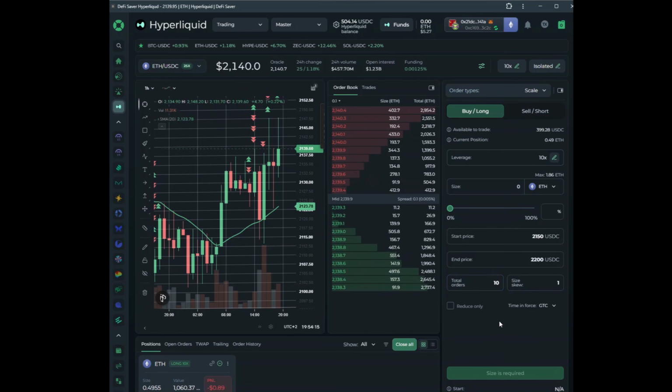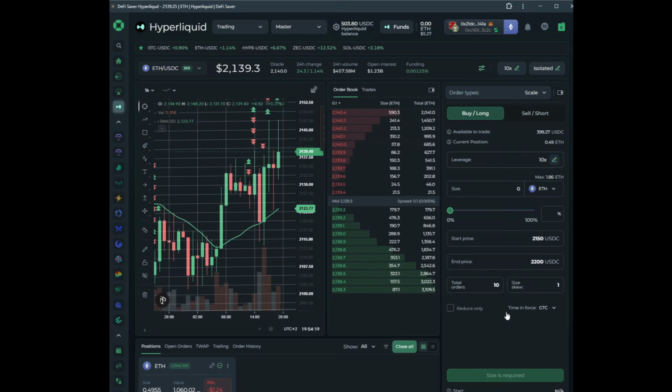So it's going to perform 10 similar orders at these price ranges, and that's how we're going to be entering our position. And that's how we're also avoiding slippage, because we're not just going to open one big trade that's going to cause a lot of market impact and a lot of these orders to be filled. We're going to fill them one by one, bit by bit, through this price range.